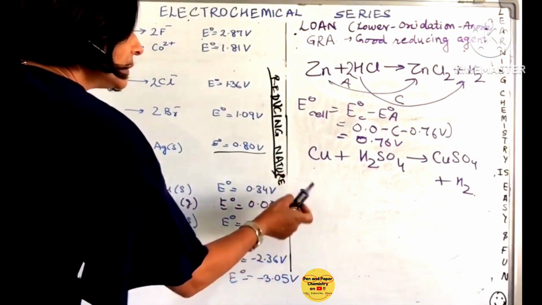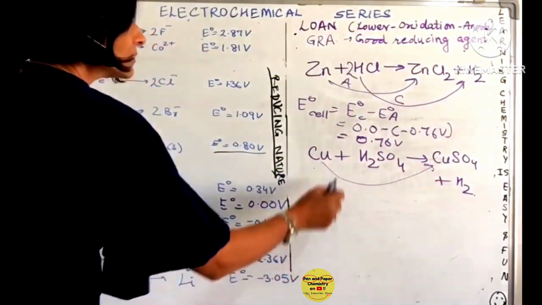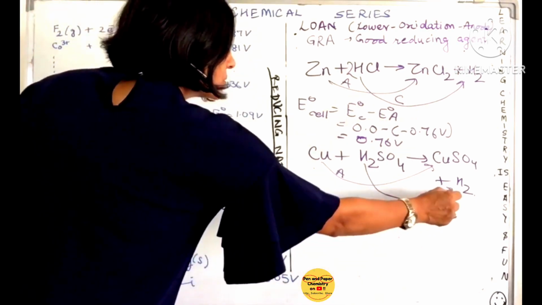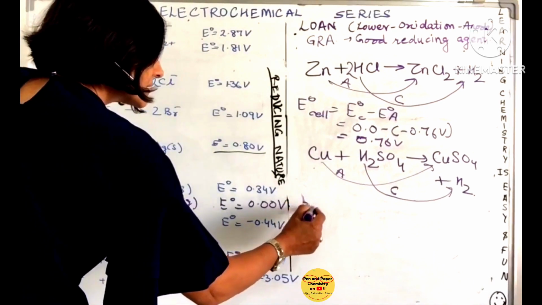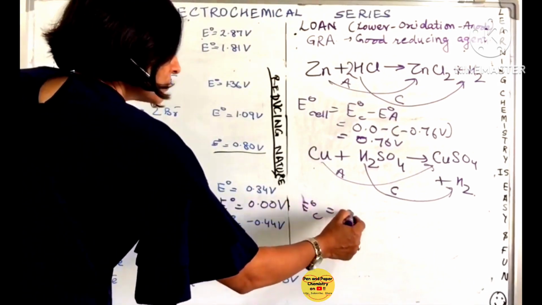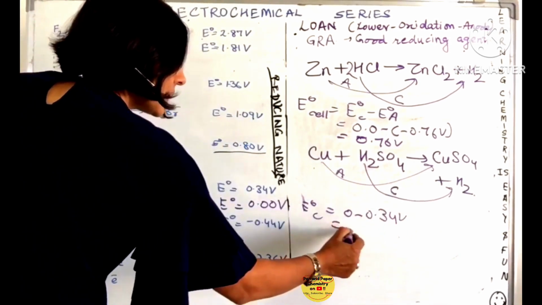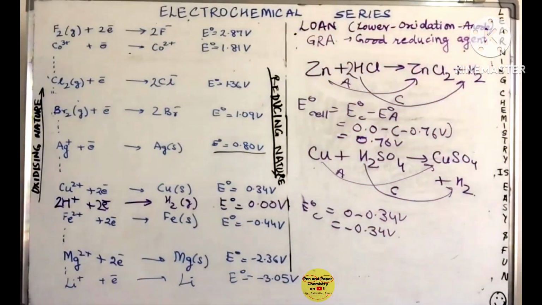Let's see the second possibility. E naught cell. Now copper changing to Cu2+, loss of electrons, anode. Hydrogen ions changing to H2 gas, so this is cathode. E naught cell is E naught cathode minus E naught anode, 0.34, and I get a negative value over here. Now can you give me a generalization from this?